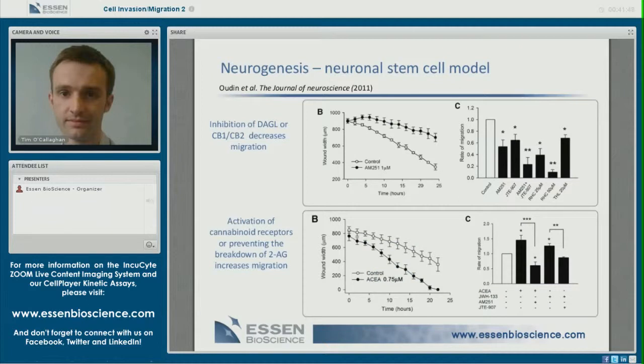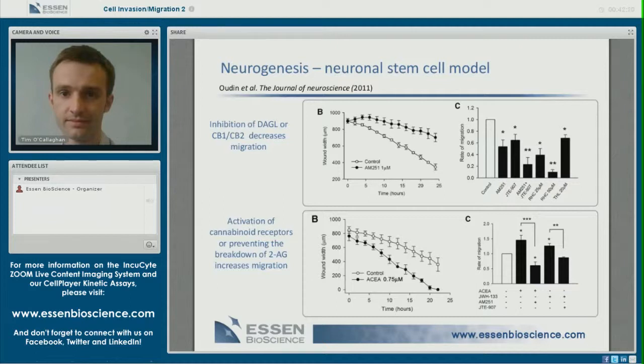Oudin et al. at King's College London probed the biology of neurogenesis in the adult using a neuronal stem cell migration model. Neuroblasts migrating in the adult brain can be redirected by cannabinoid signaling to sites of brain damage, and this redirection may be associated with brain regeneration.